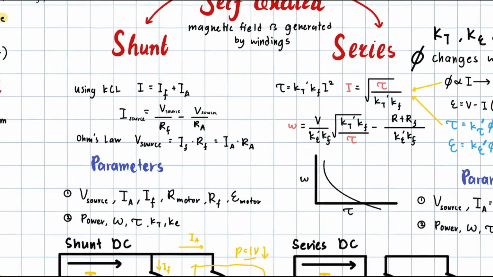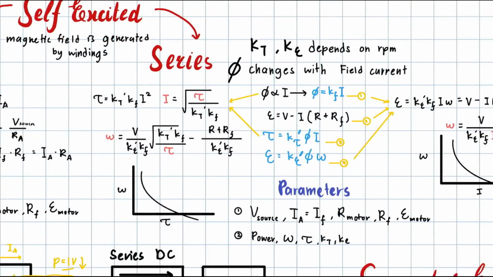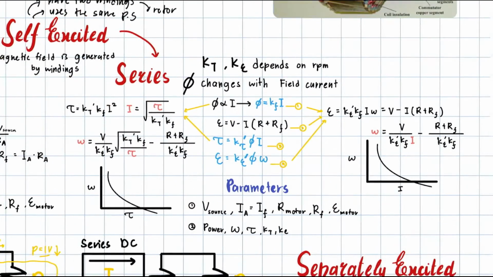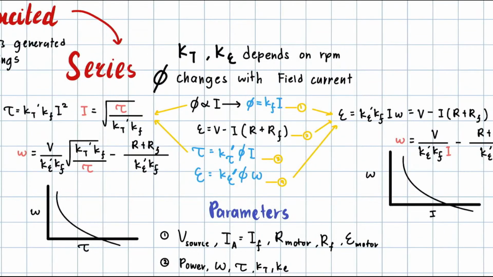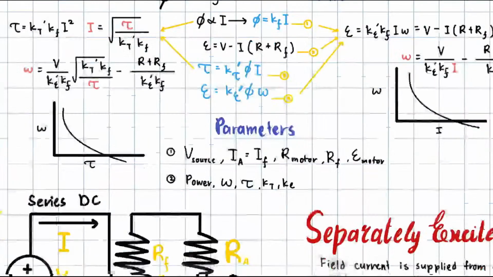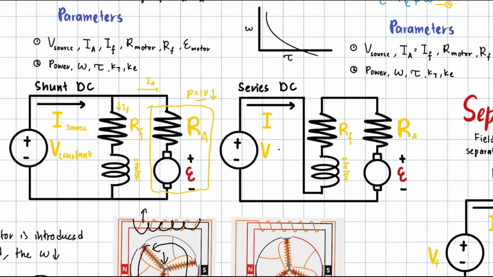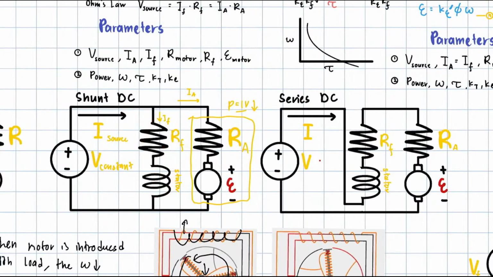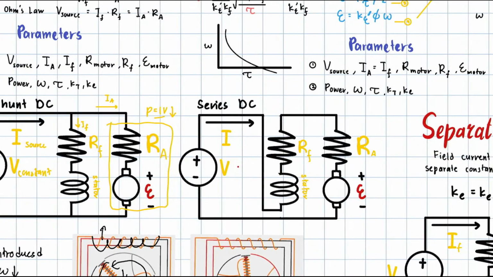Okay. So now we go to series. So for series, the KE depends on the RPM because the phi changes with field current. Okay, so I said just now, the function of shunt is to power the motor, to let it spin. But what happens if they share the same branch?